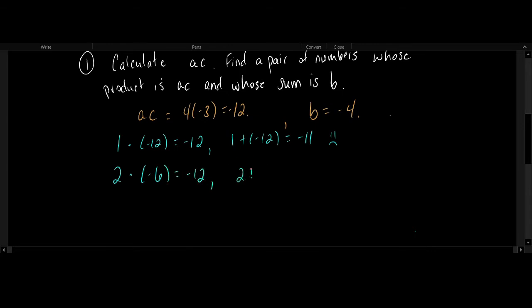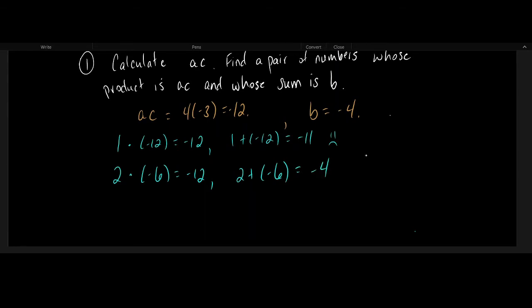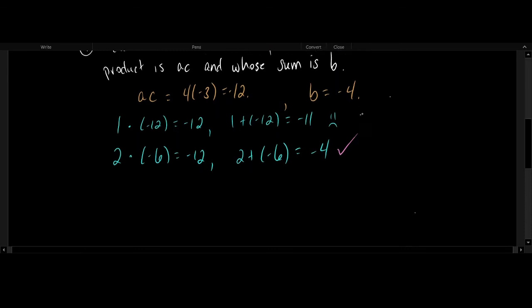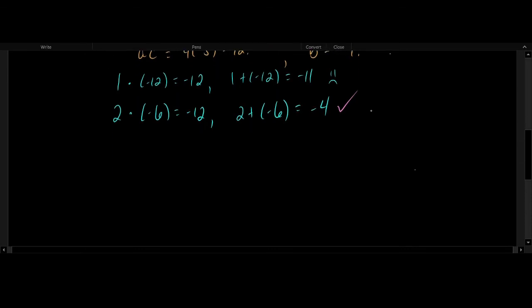And let's check: 2 plus minus 6 is negative 4, and that's exactly what we want. So the pair of numbers whose product is AC and whose sum is minus 4 is the pair 2 and minus 6 in this problem.